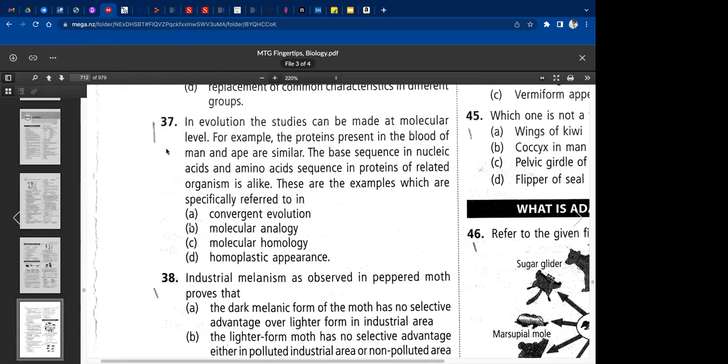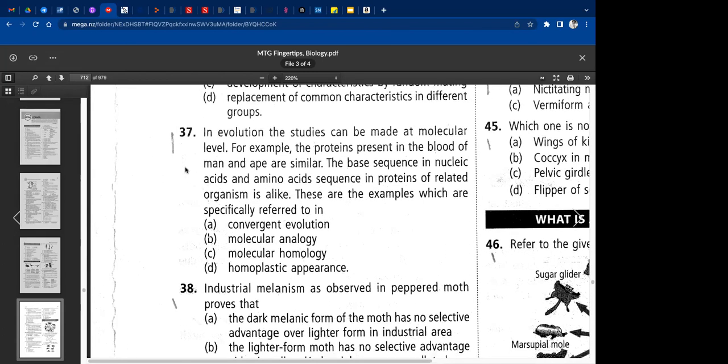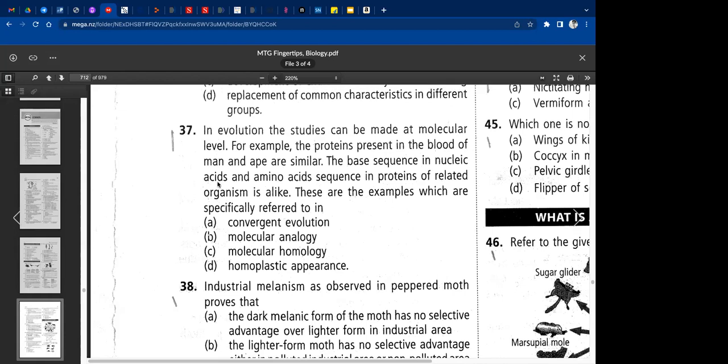Now I want you to read question number 37, which is slightly convoluted but a very easy question if you know the concept. So Donna, would you like to read this? Rifat has joined back. So Rifat, we are doing some question answers based on concepts of evolution. You have to write the answer in the chat once someone ends up reading the question. Yes, sir. Question 37. In evolution, the studies can be made at molecular level.